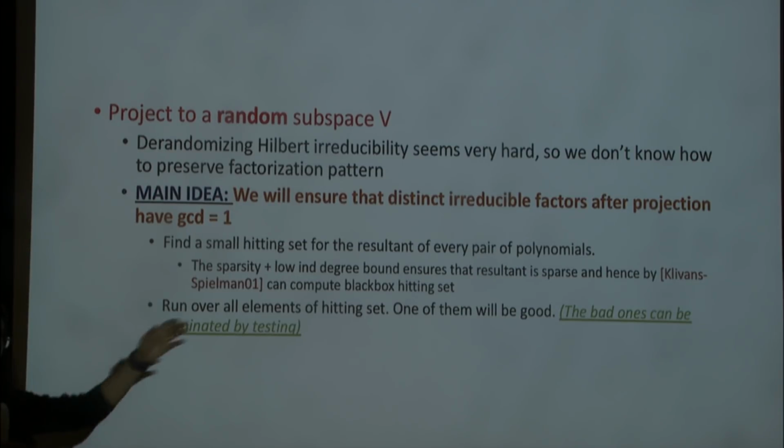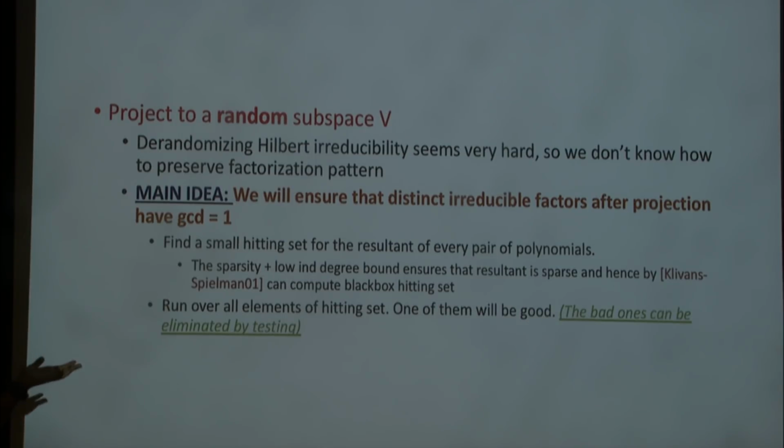For each try of the hitting set, I will produce a factoring, and once I produce a factoring, I can test if it is good or not in some brute force manner, because if I output the factors of a polynomial, and I'm living in this world of sparse polynomials, I can interpolate, recover the factors, brute force multiply it out, and check if my factoring was a good factoring or not.